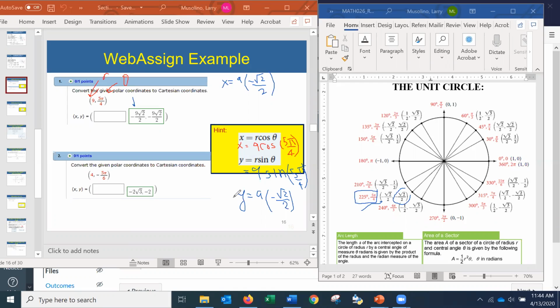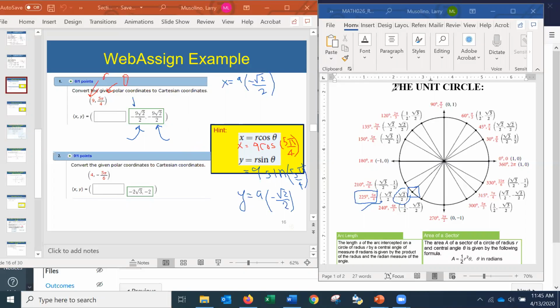Let me apply a sanity check to my answer. I'm coming up with an x value that's negative and a y value that's negative. Does that make sense? Well, for this angle, 5 pi over 4, notice it puts me in the third quadrant here.